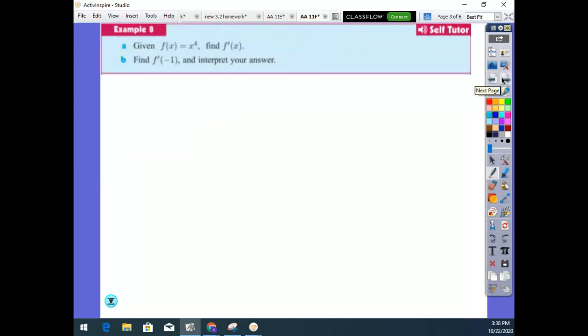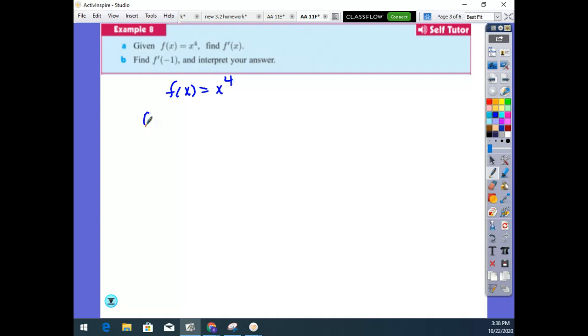Okay, so let's look at letter A. If our function is x to the 4th, it's going to be helpful to remember Pascal's triangle to distribute this out.